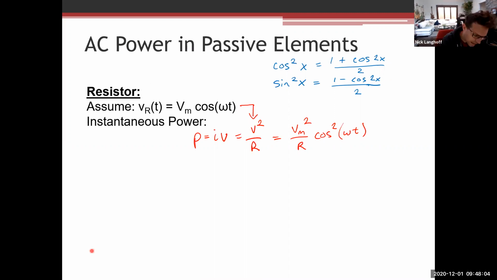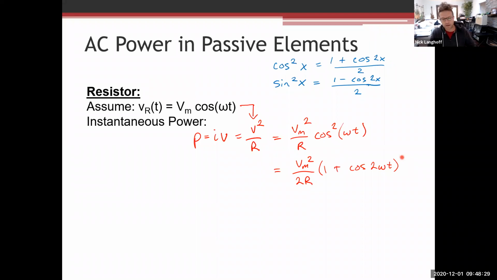So if we use that top identity, we can rewrite this power function, the instantaneous power, as Vmax squared over 2r times 1 plus the cosine of 2 omega t, twice the frequency.